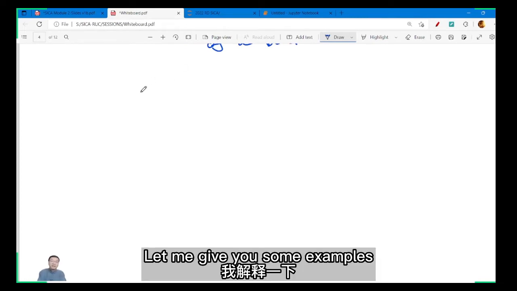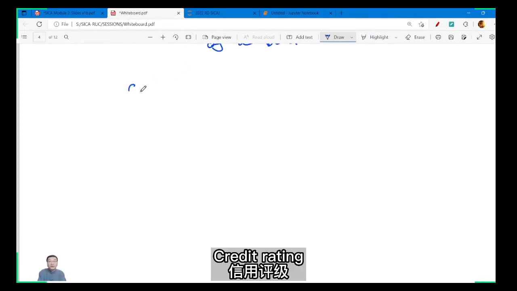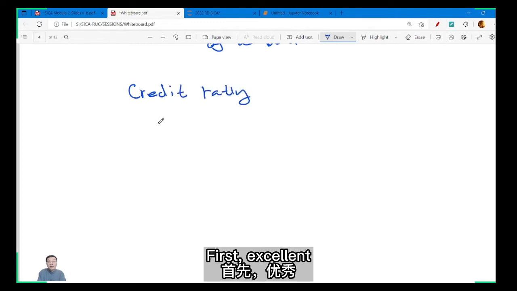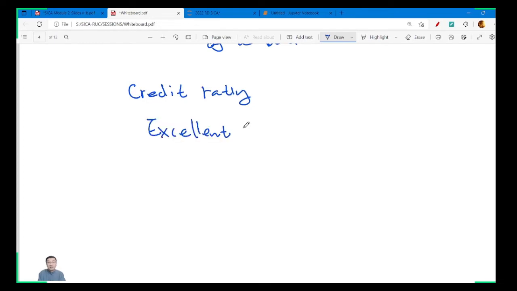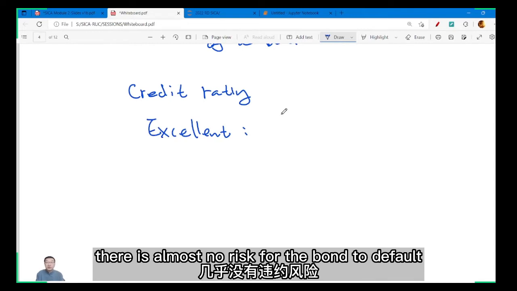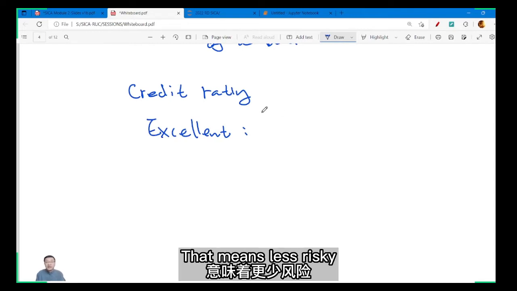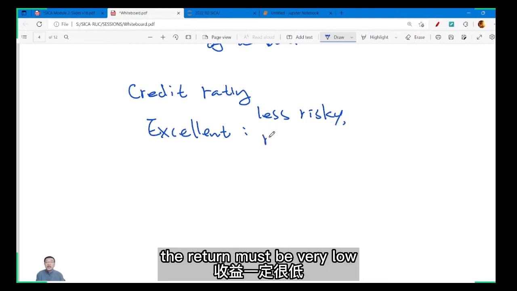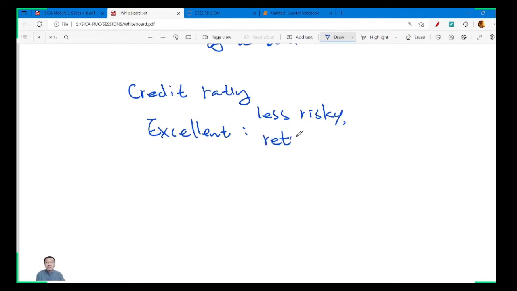Let me give you some examples. Credit rating. First, excellent. A bond with an excellent credit rating means there is almost no risk for the bond to default. That means less risky. In this way, the return must be very low.